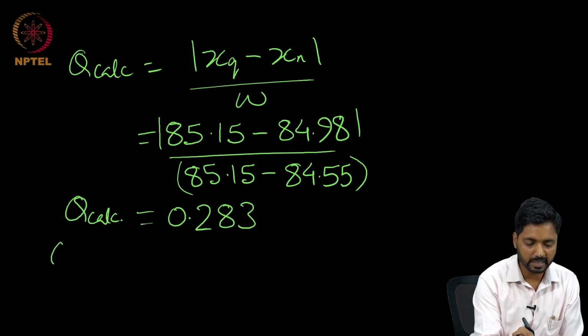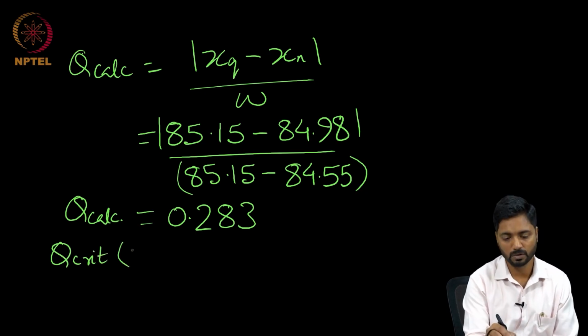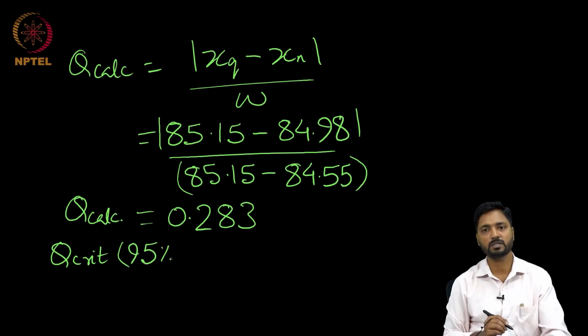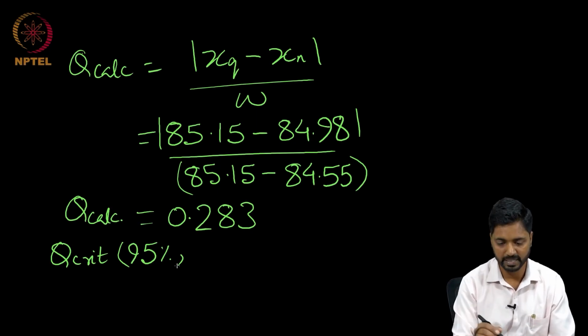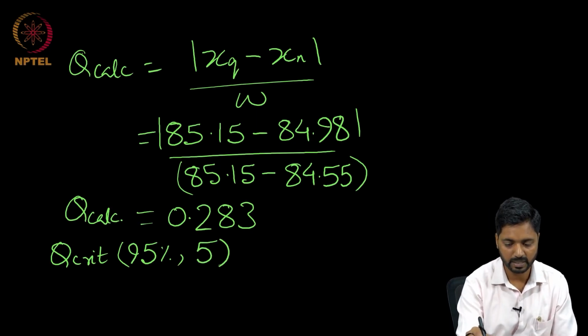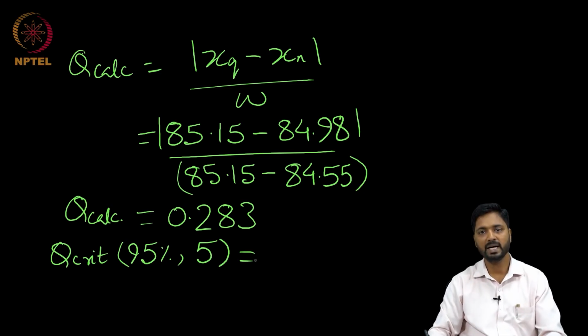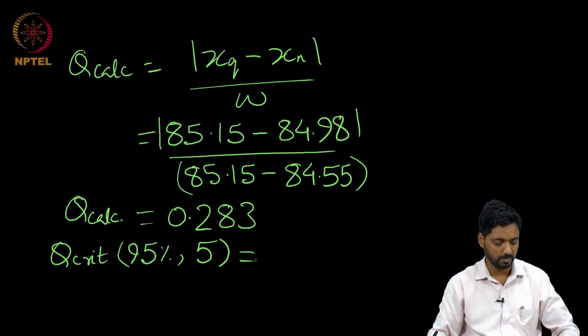Now, the Q critical, as discussed, will depend upon the confidence level. Let us say we are talking about 95% confidence level, and the number of readings. Here the number of readings were 5. Now, let us go back to the Q table and figure out what the Q critical value will be.